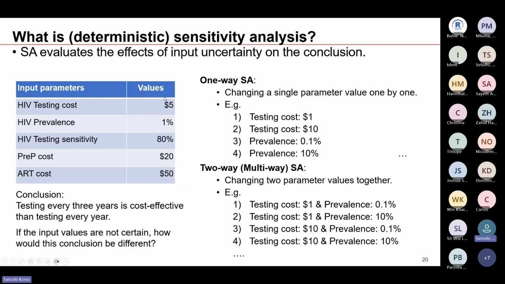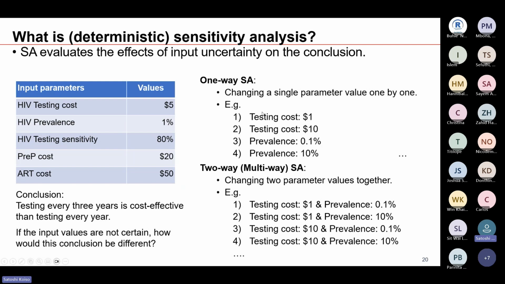We can assess this uncertainty by doing sensitivity analysis. In one-way sensitivity analysis, we change just one single parameter value at a time. For example, in one run I might set the HIV testing cost to $1, and in another run, I will try a testing cost of $10. For the third run, I will try HIV prevalence at 0.1%.